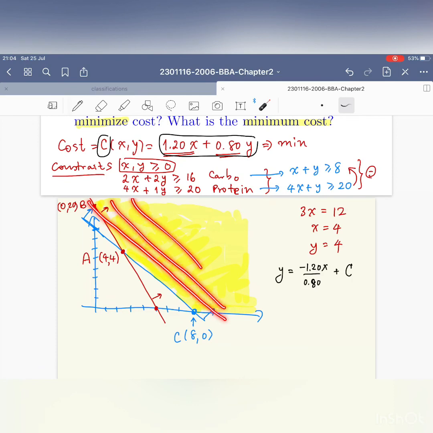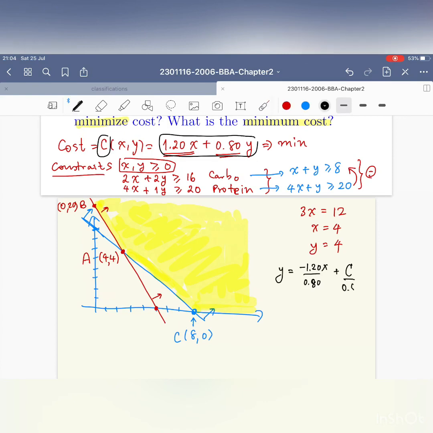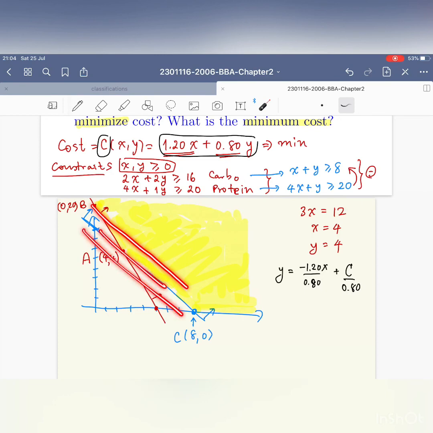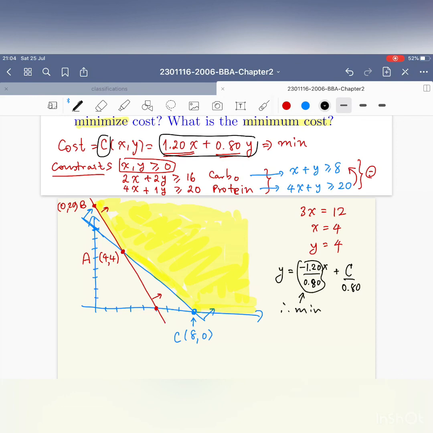As you move it upward, your C will be more and more, so the cost will be higher if you go upward. So you need to go downward in order to get your minimum. And of course the minimum will be at one of your corners. So the minimum exists because of the slope, at some corner.